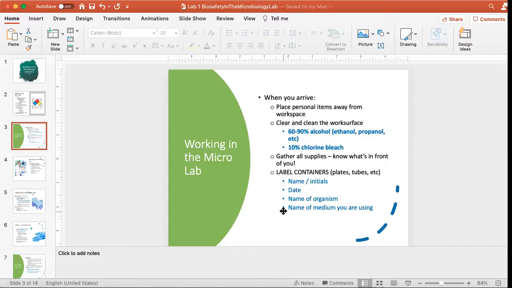And they need to know exactly what it is when they pick it up, who made it, how old is it? What kind of organism is growing on it? And what kind of medium, what kind of agar is in it? So those are the four things that we always put on our containers in the laboratory.